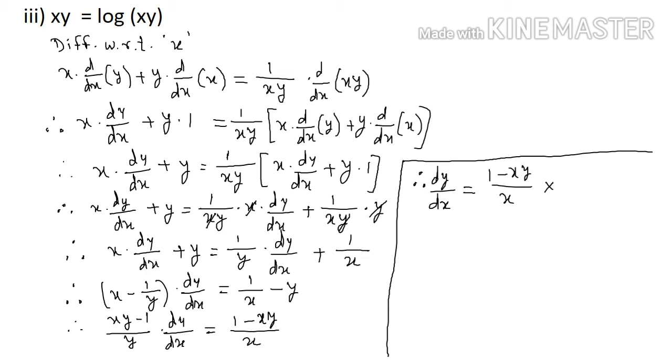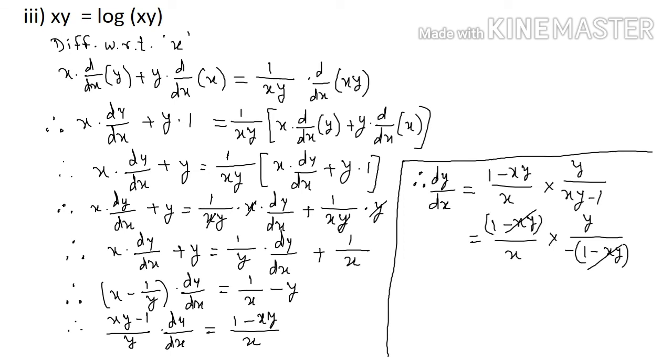So it will be y upon xy minus 1. Now this 1 minus xy upon x into y upon xy minus 1. Now xy minus 1 can be written as minus of 1 minus xy. Correct? So this 1 minus xy and 1 minus xy, this whole thing will get cancelled and you will get minus y upon x. This is your dy by dx.